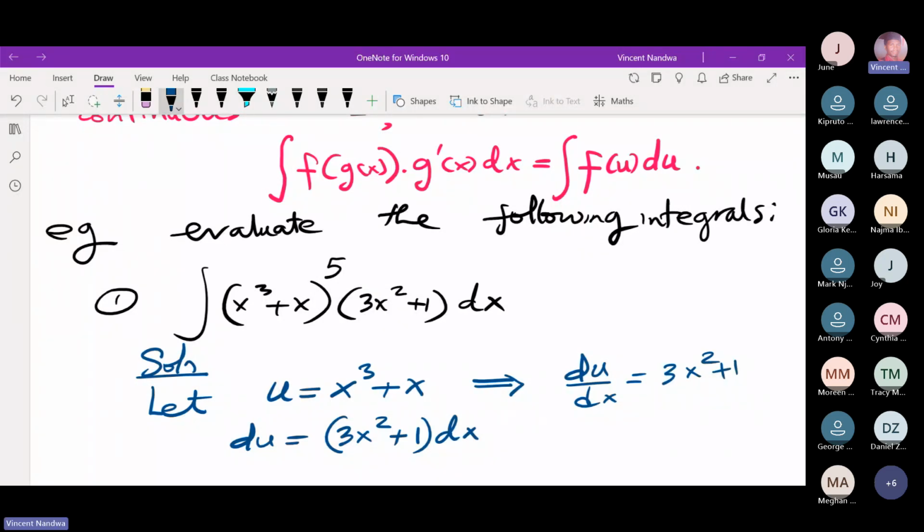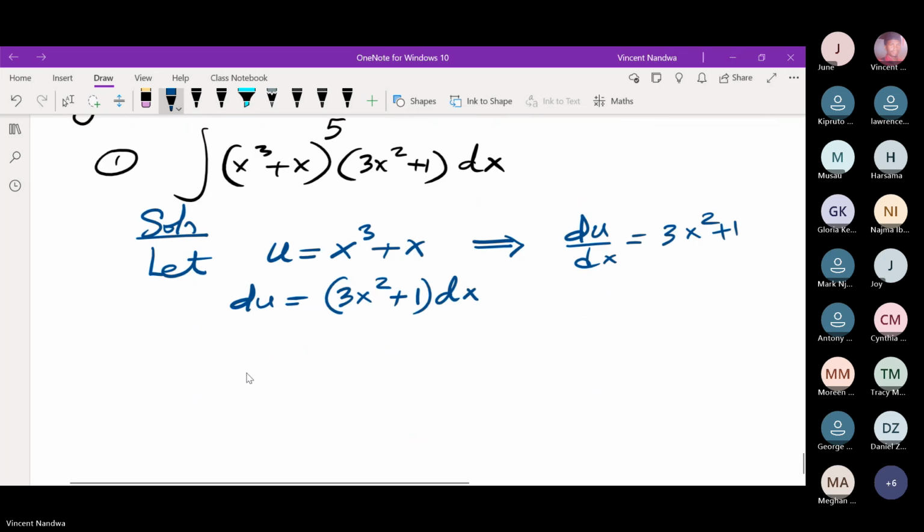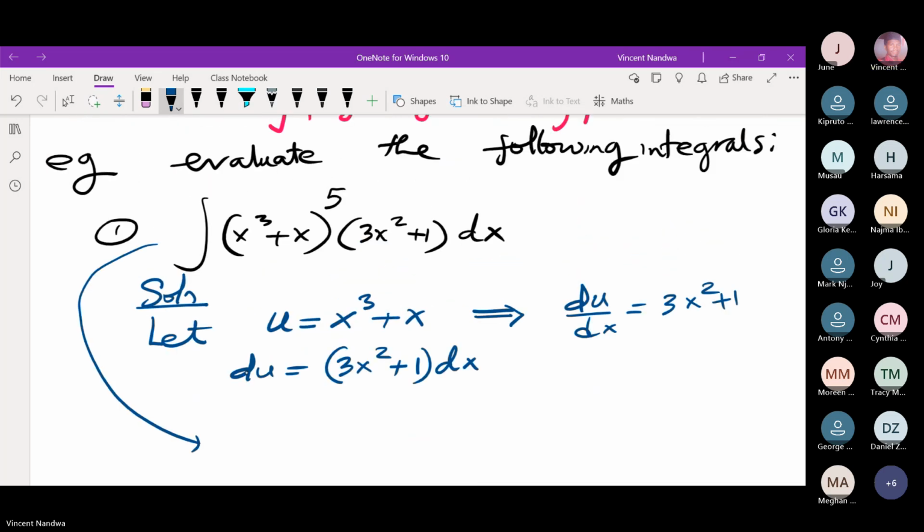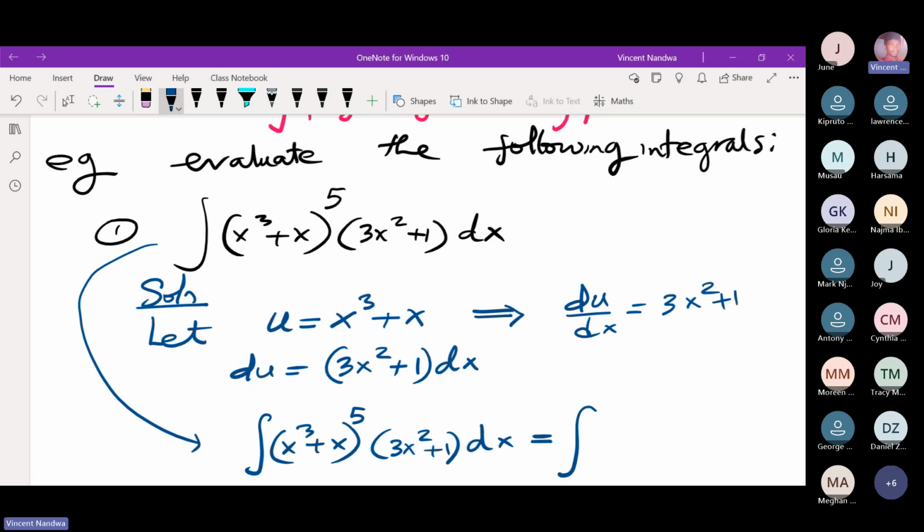Now, you see where there's 3x squared plus 1 dx, you can substitute by the du expression. Which means then that this integral of x power 3 plus x, power 5, into 3x squared plus 1 dx, can be written as the integral of, this bracket we have fixed it to be u, so it'll be u power 5.